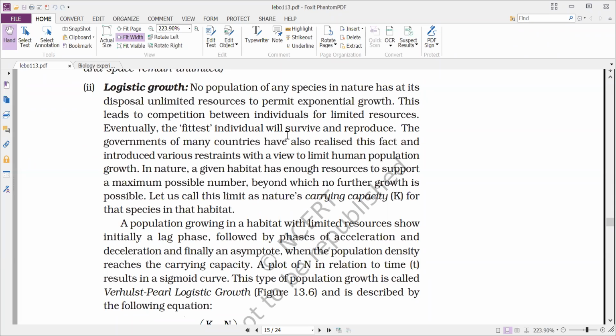The governments of many countries have also realized this fact and introduced various restraints with a view to limit human population growth.